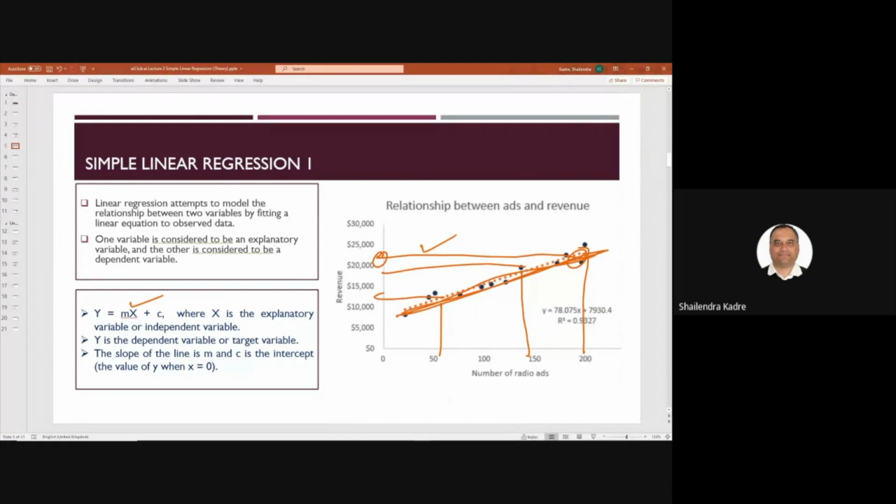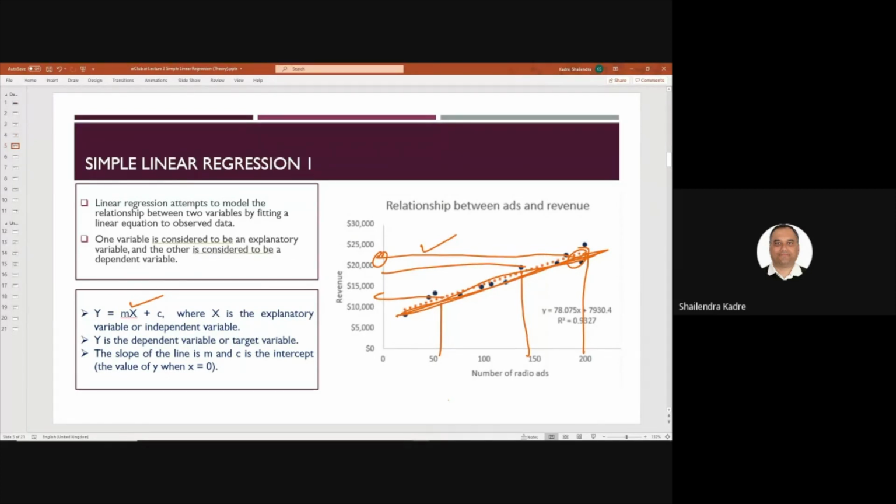These are the two variables, x and y. x is the independent variable and y is the dependent variable. So our revenue, the y variable, is dependent on the number of radio ads.